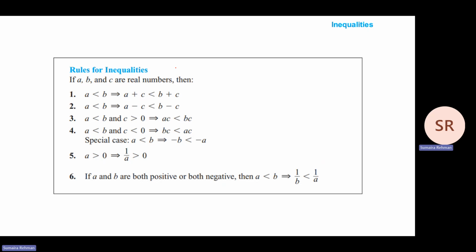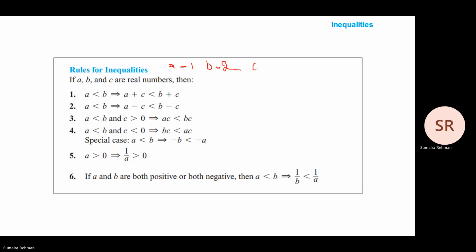Let's say A is 1 and B is equal to 2, and then C is a number.